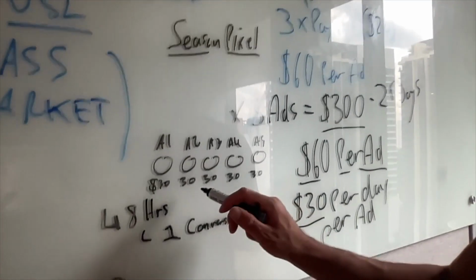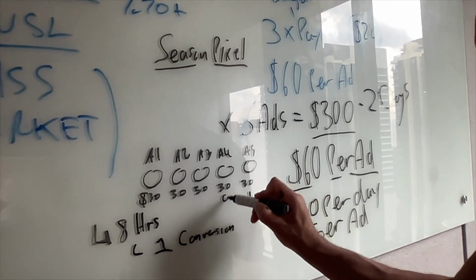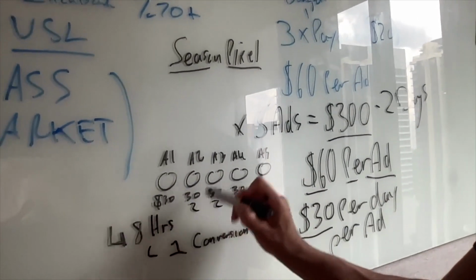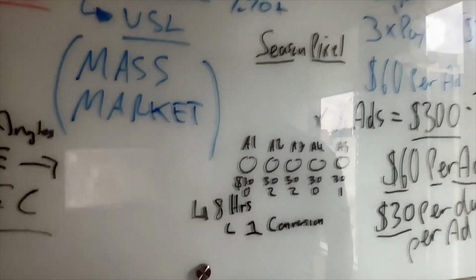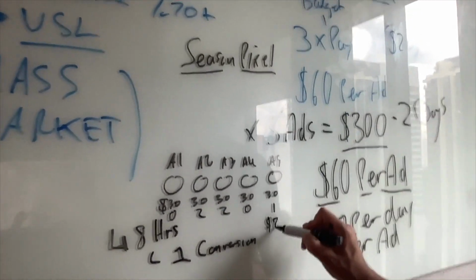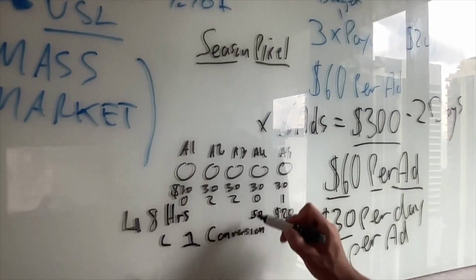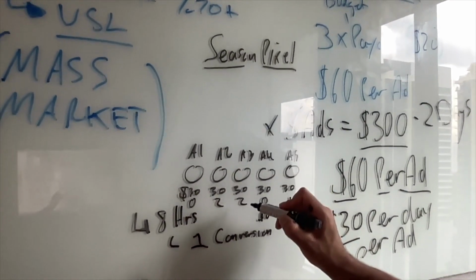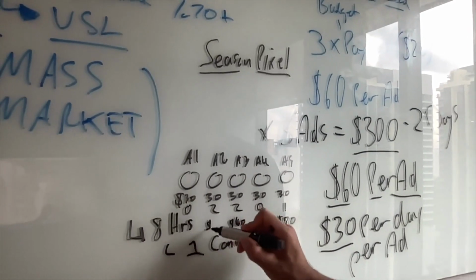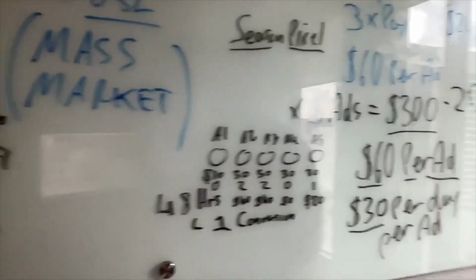Now, if we made 1 conversion on ad 5, we made 0 on ad 4, we made 2 on ad 3, we made 2 on ad 2, we made 0 on ad 1. Okay? Ad 5 we had 1 conversion, meaning we made $20. Ad 4 we made 0. Ad 3 we made $40. We made $40 on ad 2, and we made 0 on ad 1, okay?